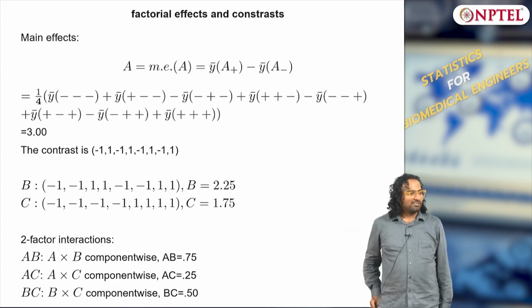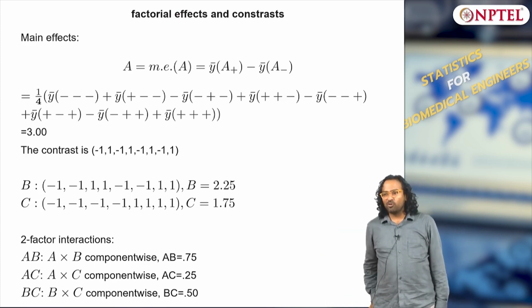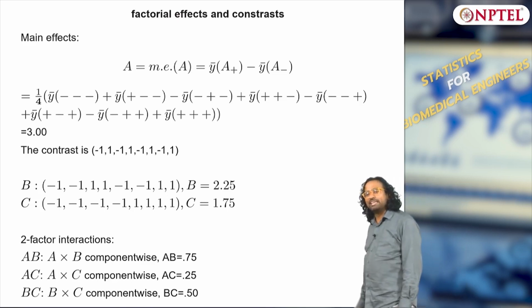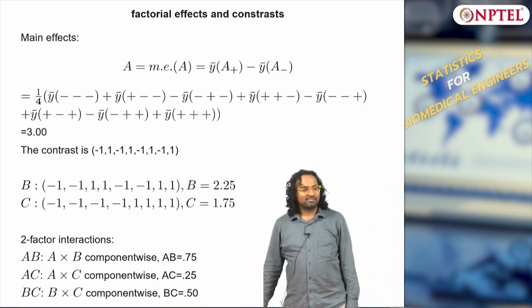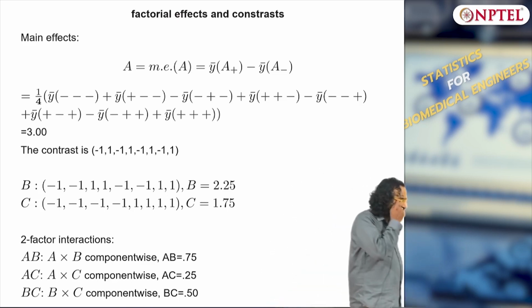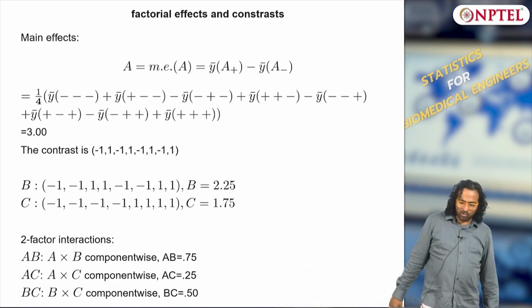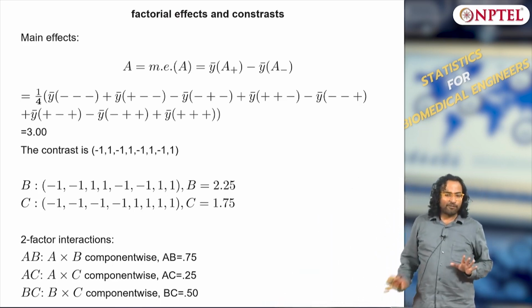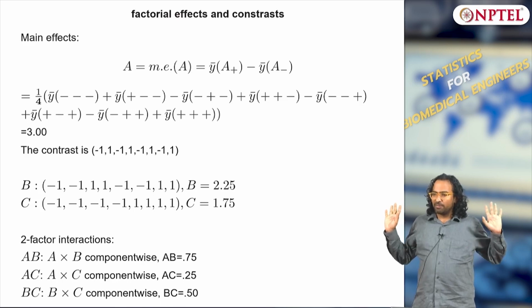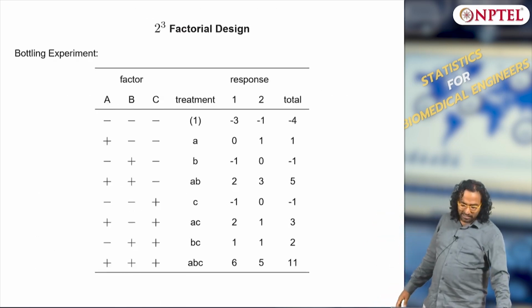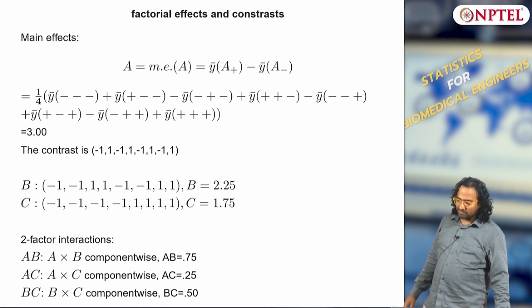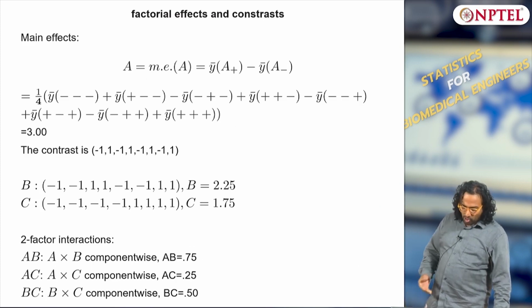In fact, if you look at it geometrically, the diagonals will give you an easier route to compute interactions. I will leave it to you to think about. So this is my effect of A, pretty simple, go by A plus and A minus, that is all. And similarly, you can write the contrast.